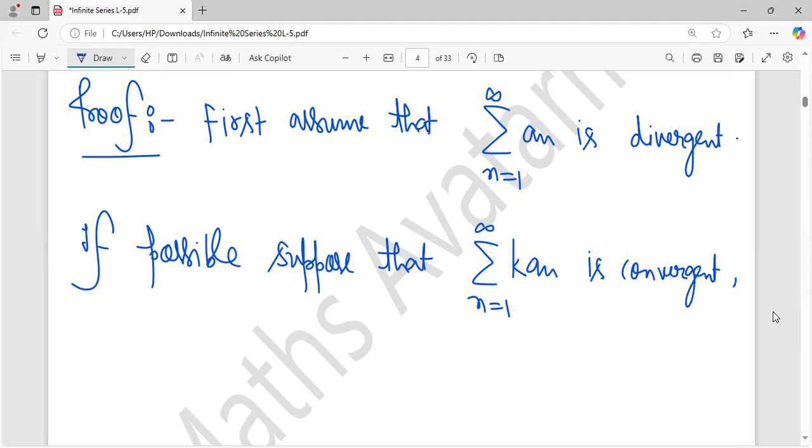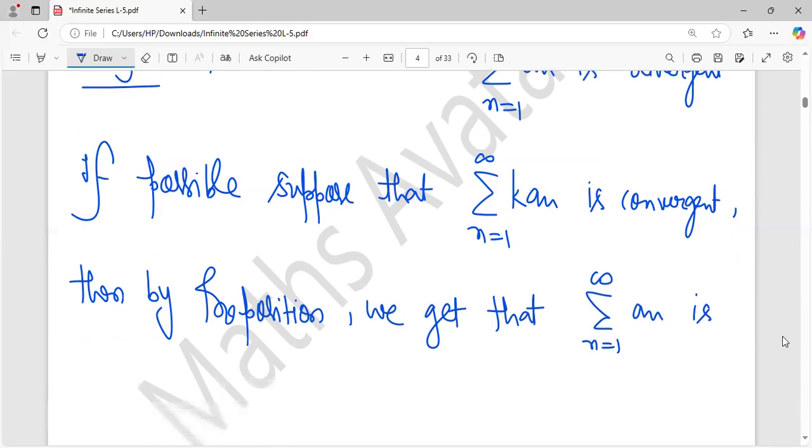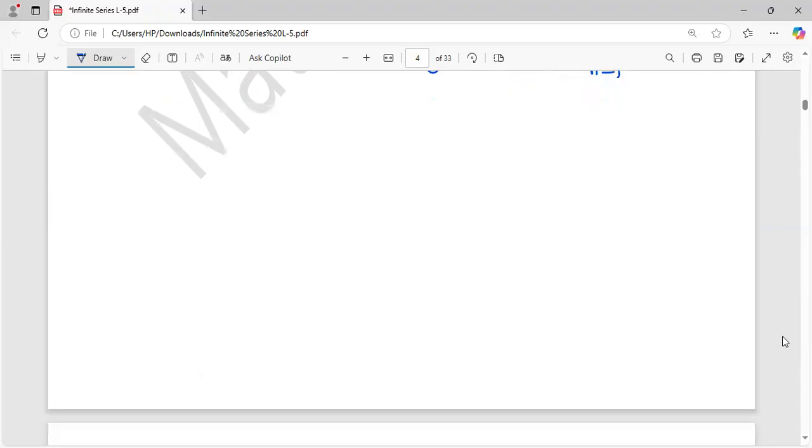Then, by the proposition, we get that this series summation a n is also convergent.